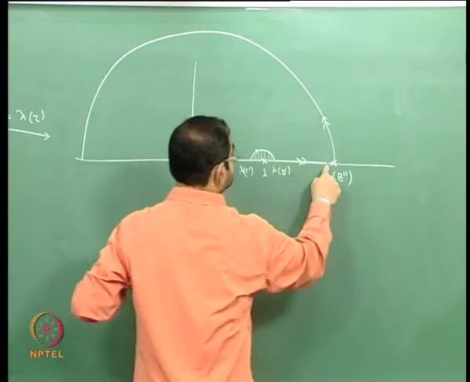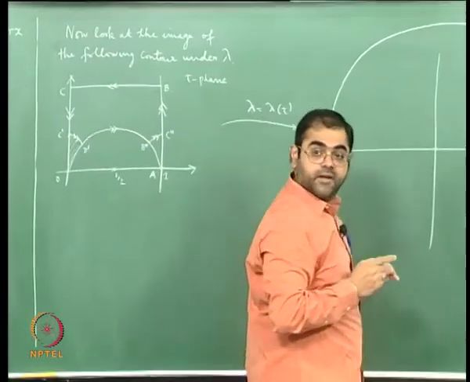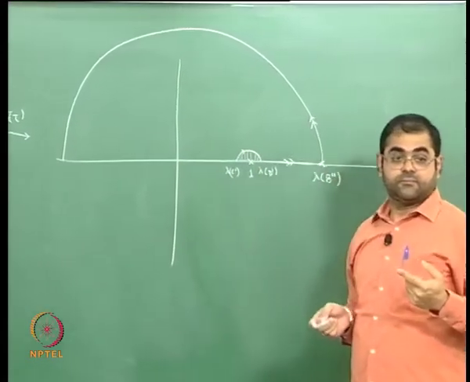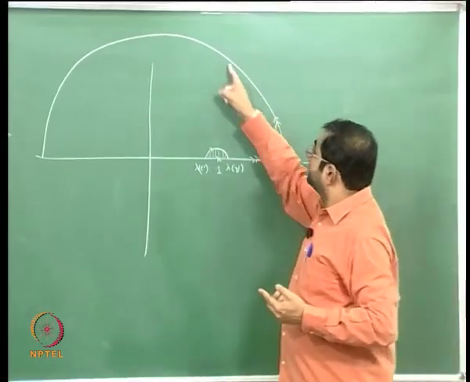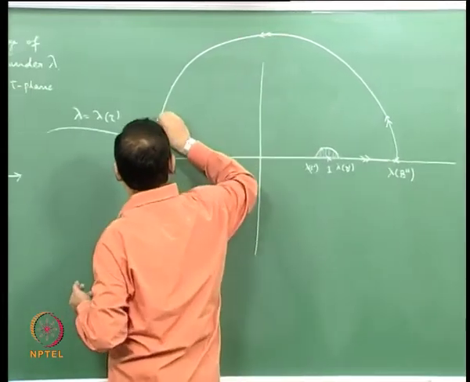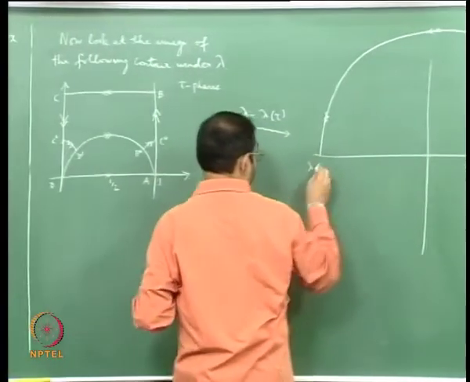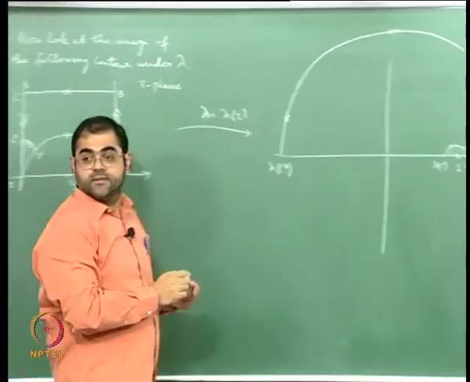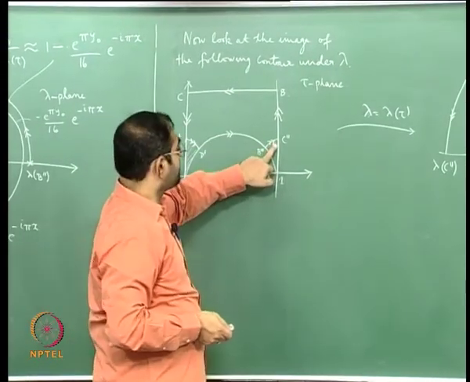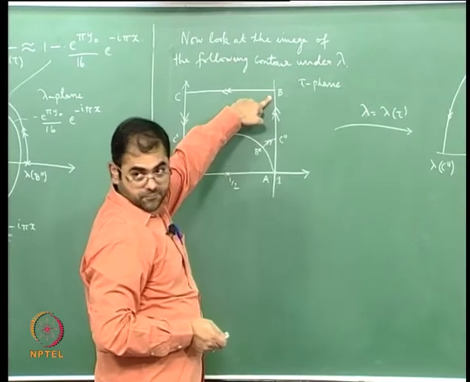This is the image of this semicircular segment, by continuity, and because it is real, I get this huge semicircle that goes all the way, and here I end up with lambda C double prime. Then from C double prime I go all the way up to B.